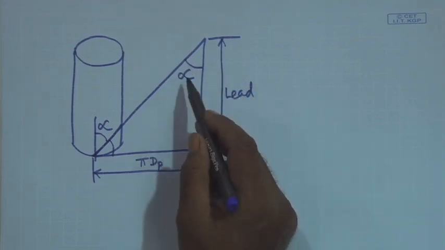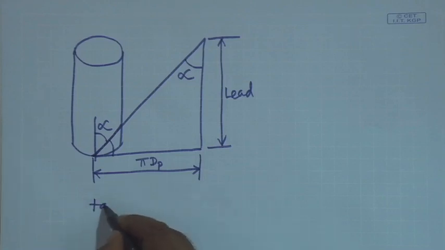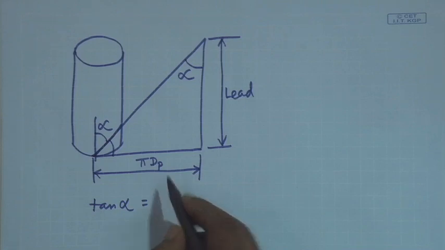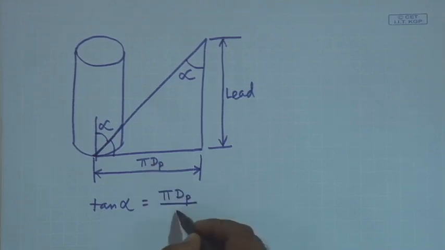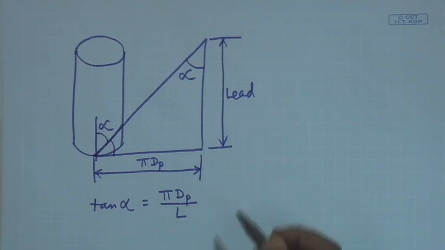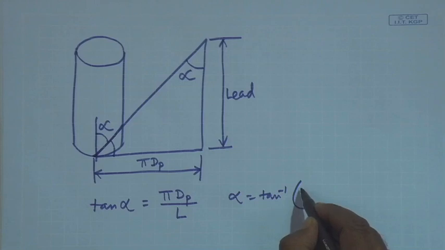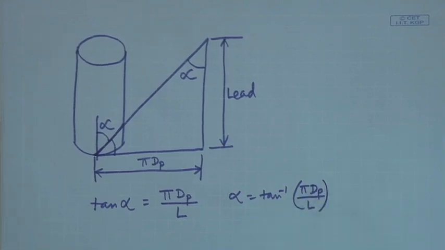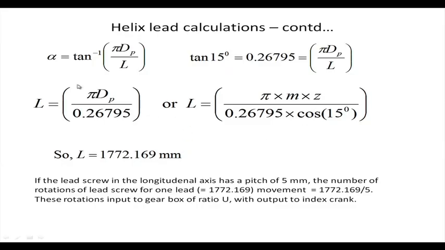If that be so, we can write tan alpha is equal to pi dp divided by L, which means alpha is equal to tan inverse of pi dp by L. That is it. So, once we have established that, let us come back to this. So, that is what we have written out here. This is the relation which defines alpha.